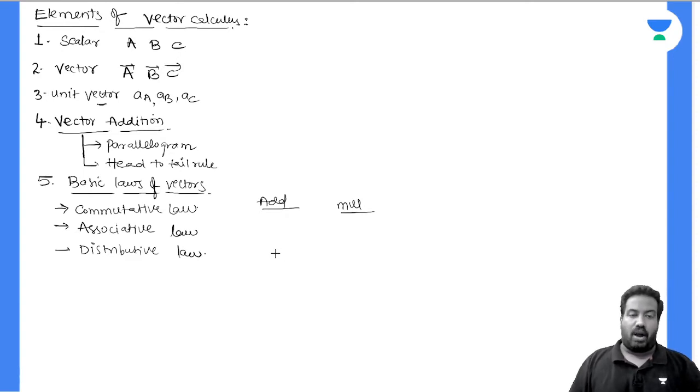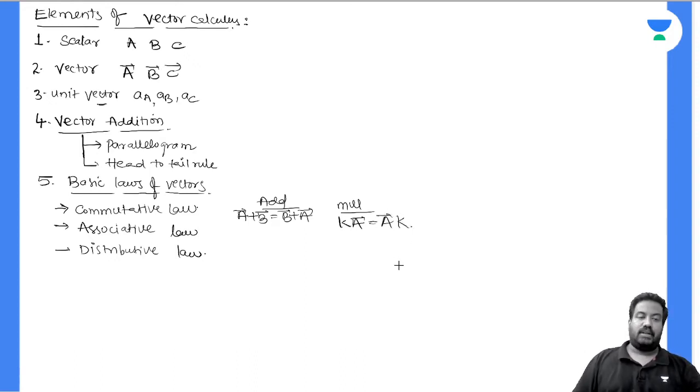Coming to commutative law of addition, if A and B are two vectors, then A plus B is equal to B plus A. If K is a scalar and A is a vector, K into A is equal to A into K. Commutative law of multiplication.